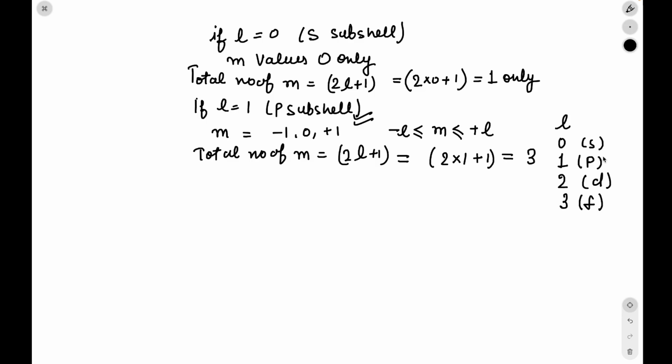So for p, the value of l will be 1. That's why here I put the value 1, because it is the p subshell. If l is 2, that means the d subshell.